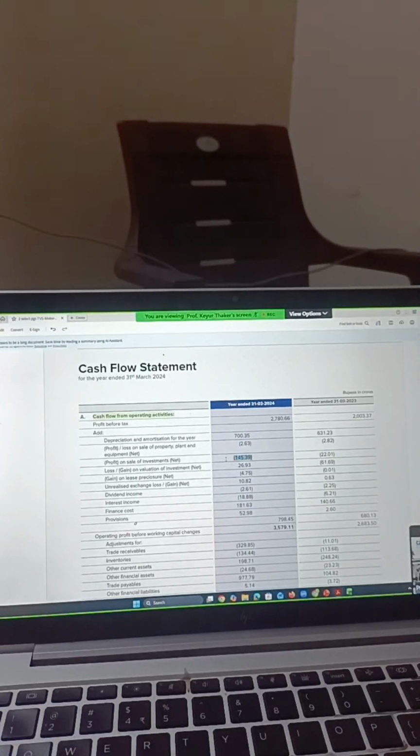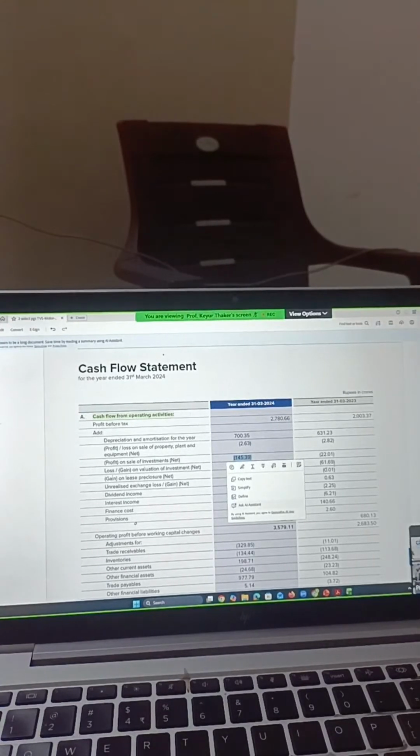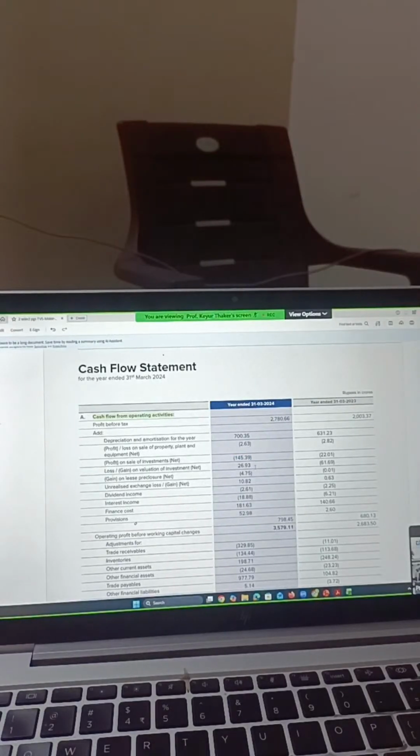Then there is a profit or loss on sale of investment. So they sold some investment, and they made losses. So the loss on the sale of investment is cash flow from the investment activity. It is related to investment activity. It is not related to operating activity. Therefore, we have removed the profit on sale of investment. Then we added the loss or gain on valuation of investment.